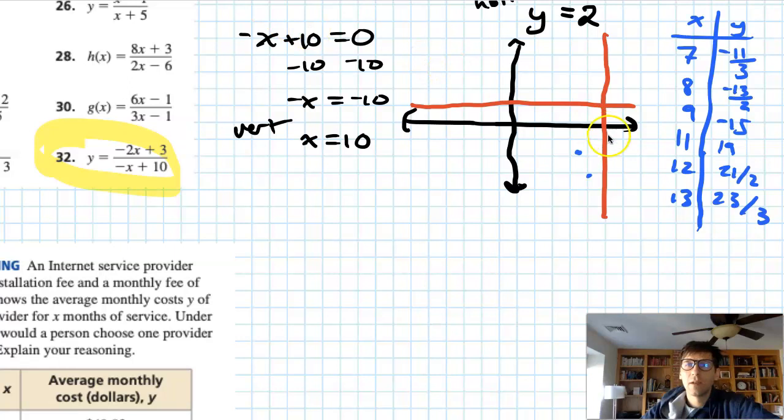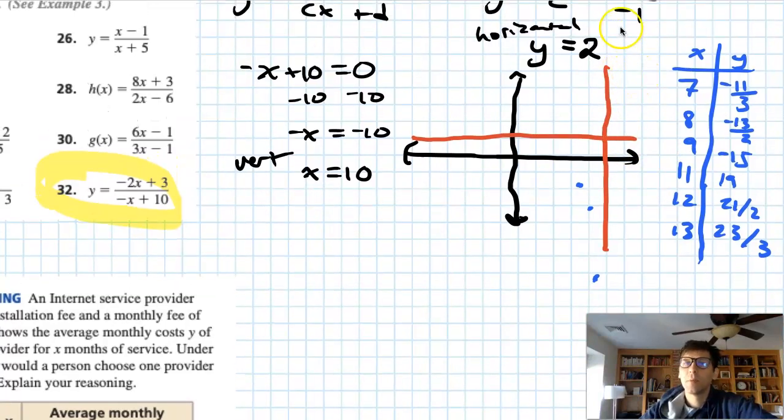And then 9, negative 15. 11, 19 would be way up top.